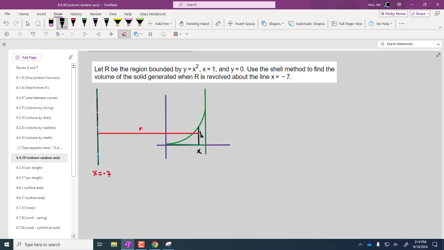All right, so the area of a cylinder is 2 pi r(h). And what is the radius of the cylinder at x? X plus 7. Everyone see that? You can see it in pieces. The distance from this line over to the y-axis is 7. The distance over here is x, so it's x plus 7. Or you do right minus left, x minus -7, which is x plus 7. The height is the function.